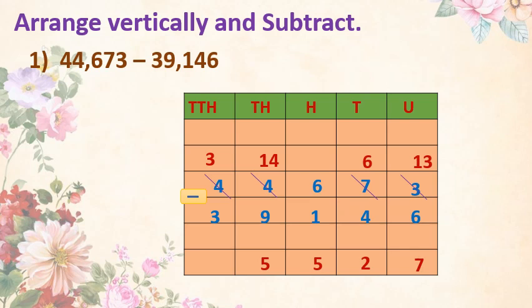And in the 10,000s place 3 minus 3 is equal to 0. Okay. Our sum is over. Now we will read the answer. In 10,000s column 0 is there. So leave that. And the real answer is 5,527.